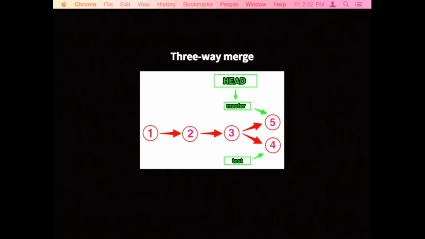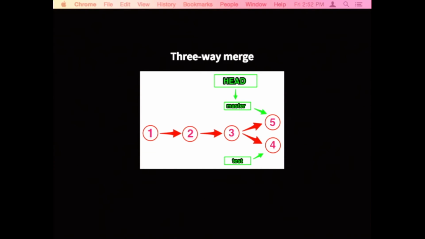OK, that was really simple, but things are rarely that simple in life. Most of the time, things look like this. You have your master branch, you have your test branch, but each of them is going in a different direction. There's a new commit on the test branch, and there's a new commit on the master branch. OK, what do we do now?